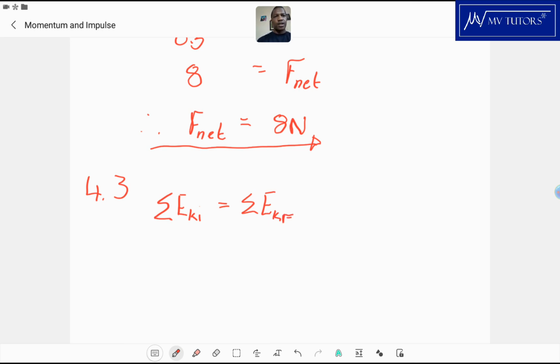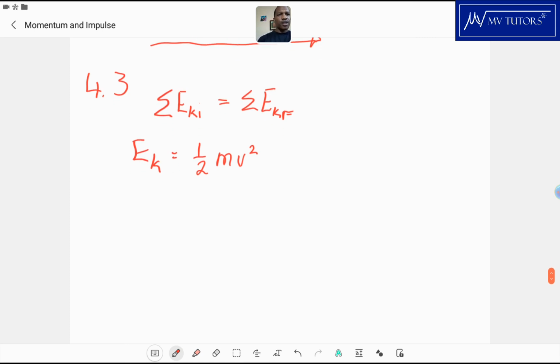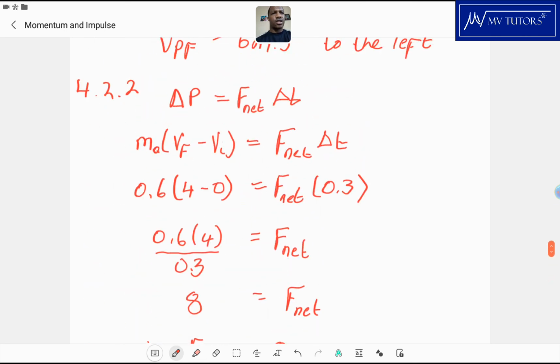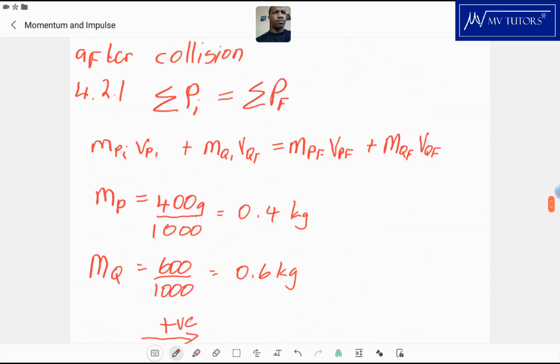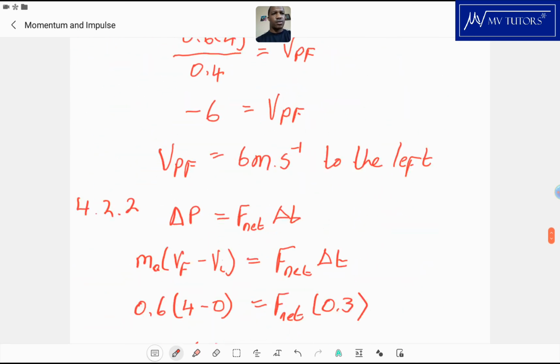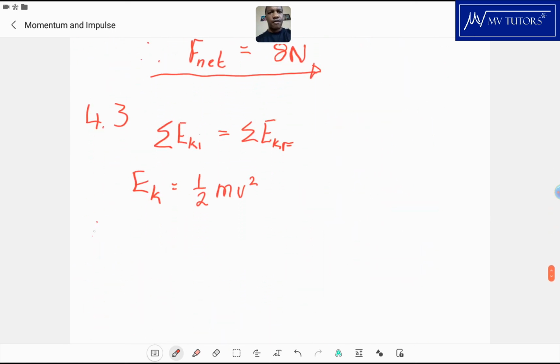And we know that kinetic energy is given by half mv squared. Because the initial velocity is 0 and the final velocity is a number, we can say it's not elastic. They said we must just say yes or no. So therefore, no.